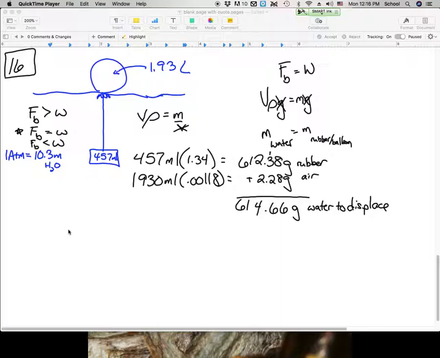So now that we have a mass of water, we need to figure out the volume of water. Again, density equals mass over volume, and these two will trade places. Volume is going to equal mass over density. So we're going to take that mass and divide by the density of seawater this time.